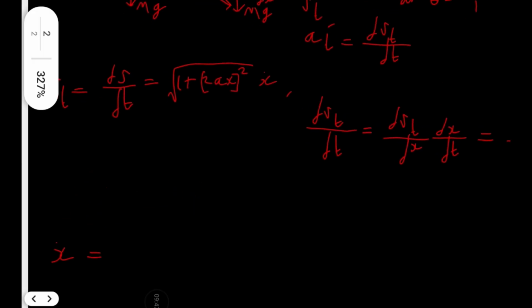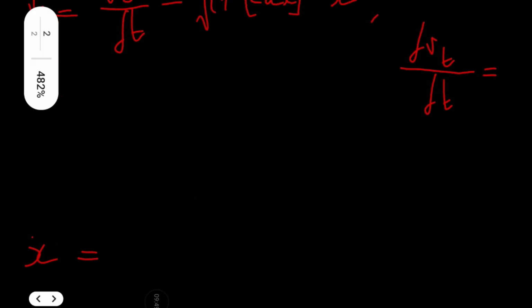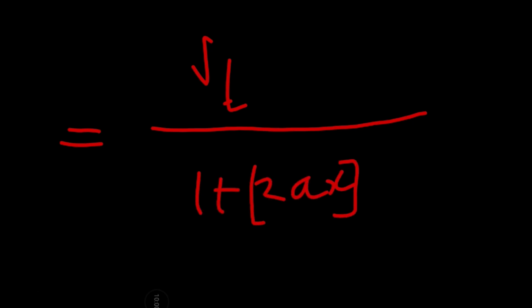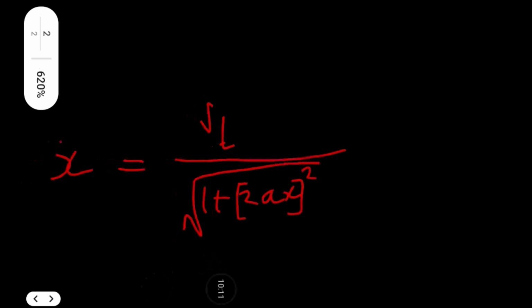We can rewrite it as x dot is equal to, from that formula there, ds by dt, which is vt, v of tangent, over the square root of 1 plus 2ax squared, like that. It's not very clear. I don't have the most neat handwriting in the world, I do apologise. Yes, you have it in that format now.